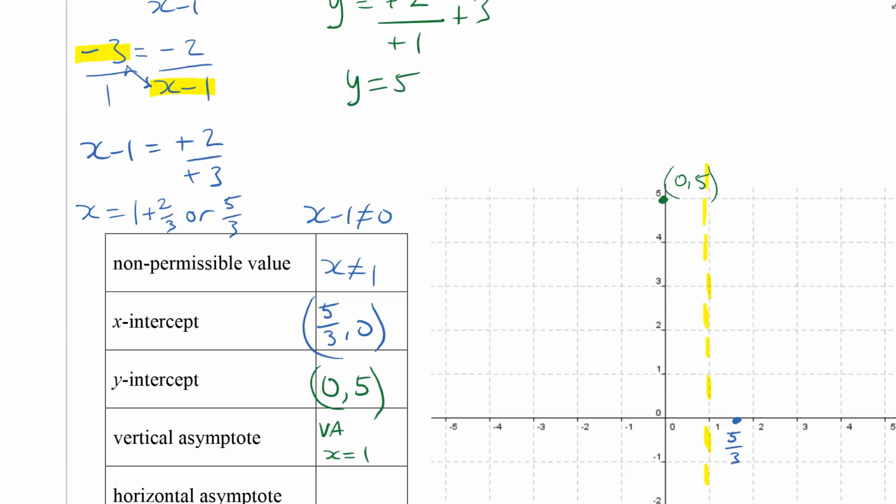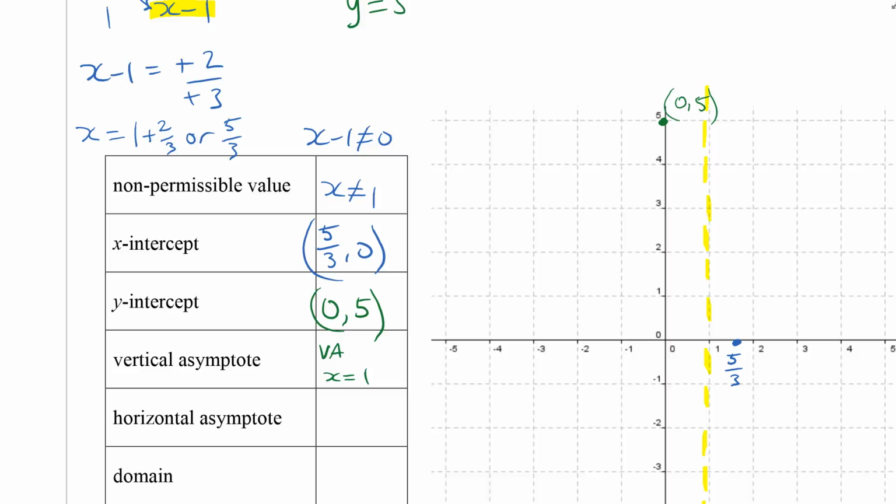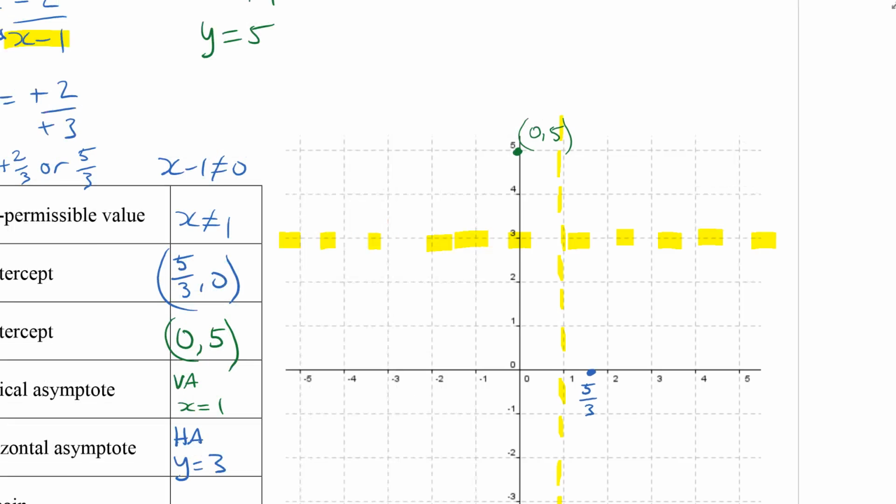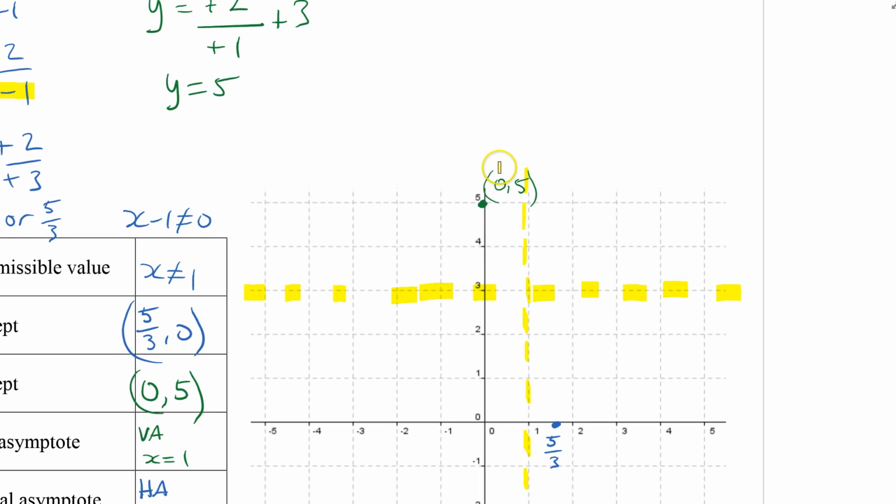So up 3, so here I'm going to say y is equal to 3. There is my other asymptote. And the fact that it's negative kind of corresponds with the fact that it's going to be down to the right and up to the left.